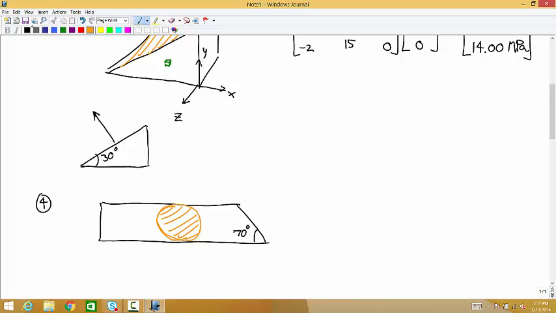Which means that if you're looking this way at that, what's the shape that you see there?